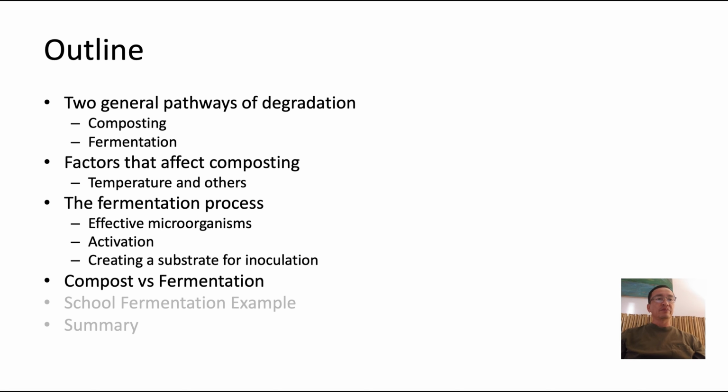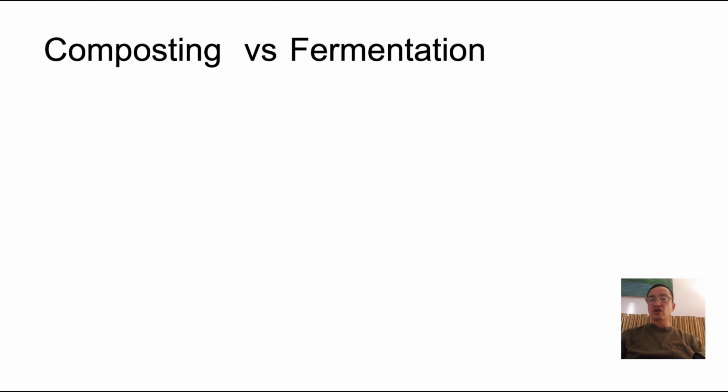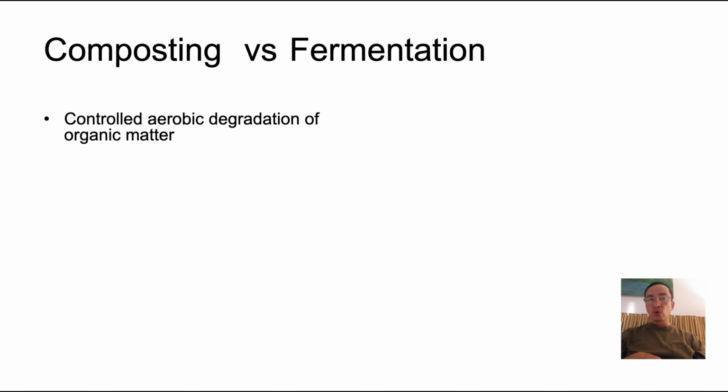Okay, so let's talk about the differences between compost and fermentation. Compost is controlled aerobic degradation of organic matter, and what usually happens is that it's hard to keep that control of aeration, so it goes anaerobic, it will stink, and many other things. Fermentation is anaerobic degradation without the stinky odors.